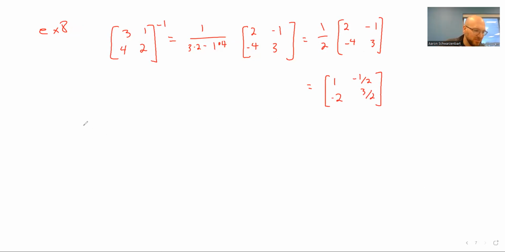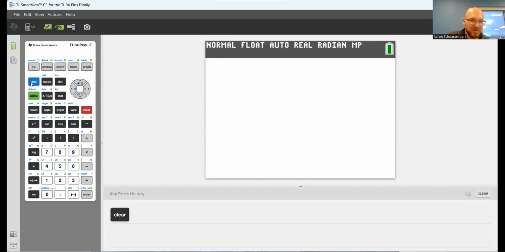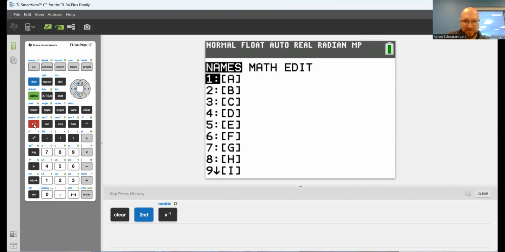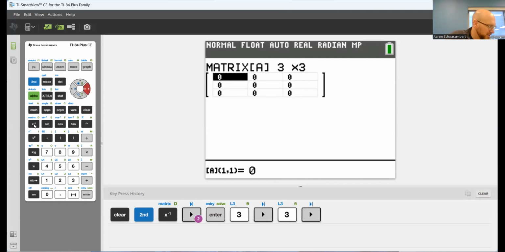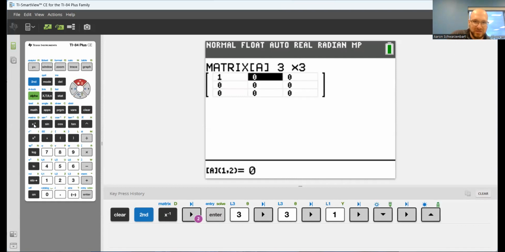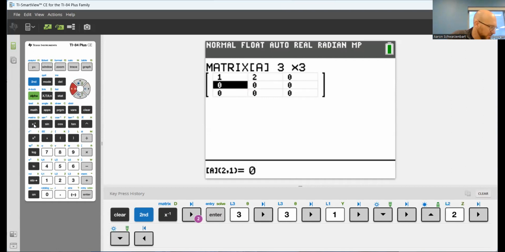Okay. I'm gonna do one on the graphing calculator. It's gonna be a 3 by 3. I won't ask you to do a 3 by 3 by hand. It's kind of a pain. So to do this, second function of this x inverse key is matrix. I'm going to edit my matrix A. I need to make it a 3 by 3. And I'm going to enter the original matrix. Doesn't let me go over it like that. Okay.